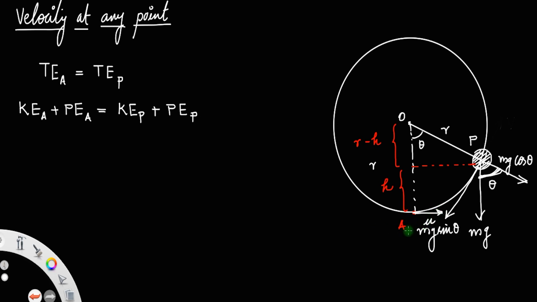Let's call that velocity u. Similarly, at the point P, since it is tangent, the velocity will be like this, v.